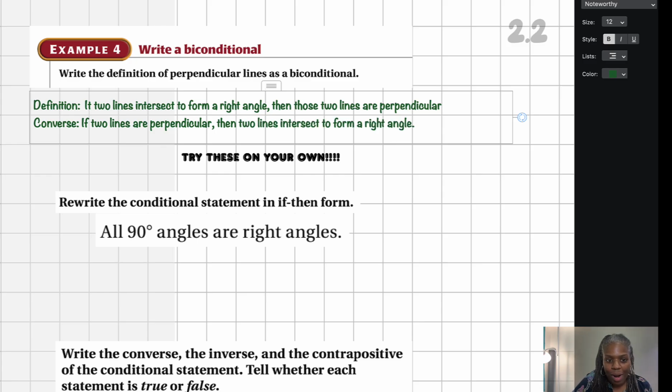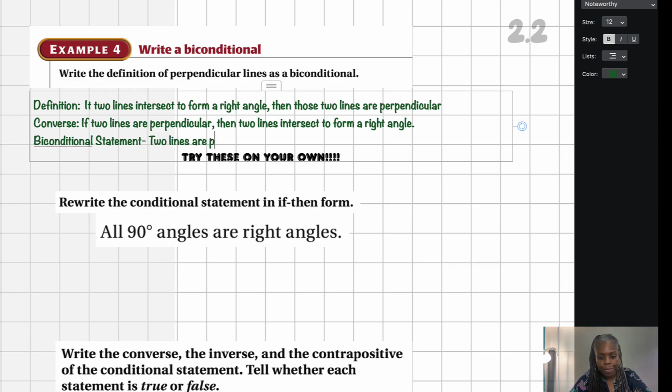So how do we write this then as a biconditional statement? Here's how it looks. Two lines are perpendicular if and only if the lines intersect to form a right angle.